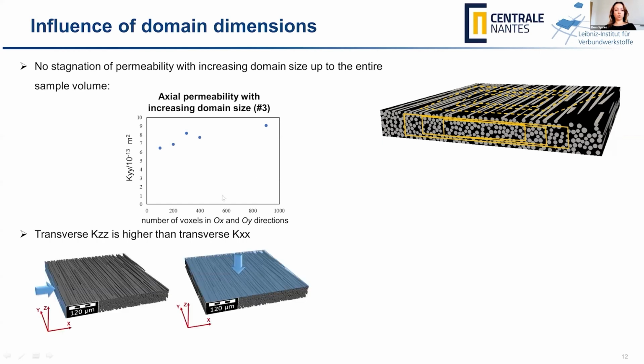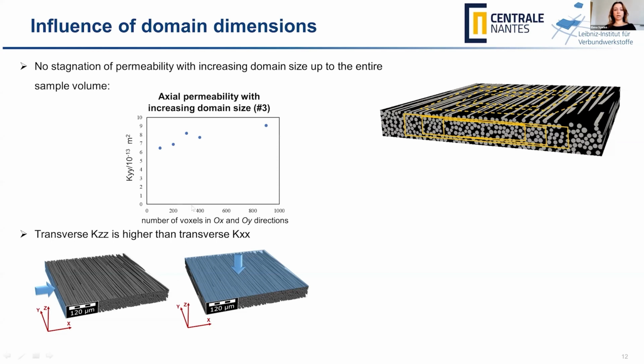So these are the things that we should keep in mind when we perform image-based calculations. And also, what we saw for this sample is that the values in these two directions, which are both actually transverse permeability values, should be equal, because we know that the yarn is a transversely isotropic structure.